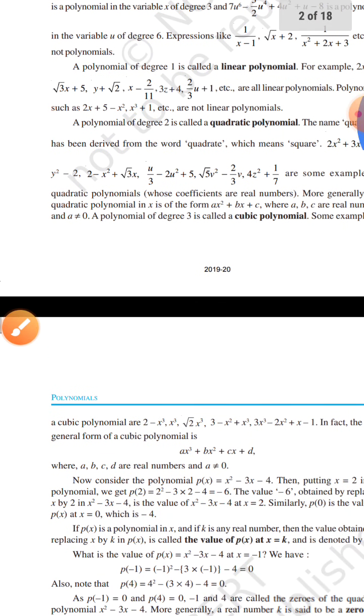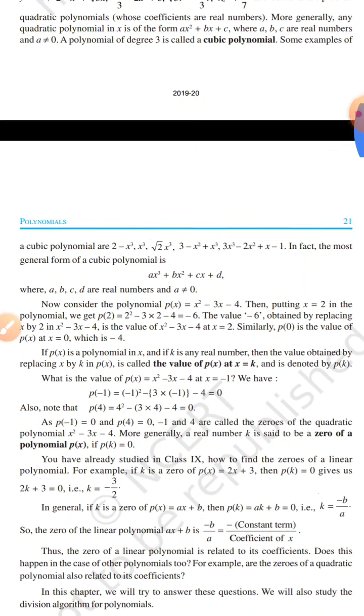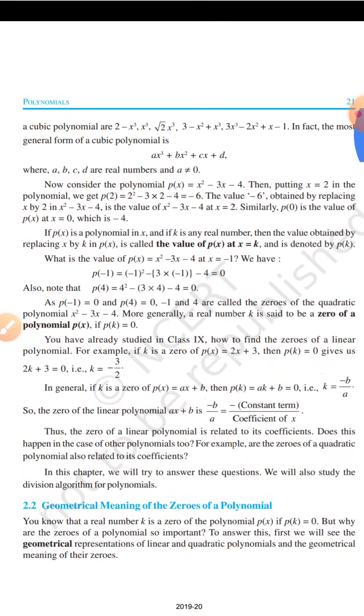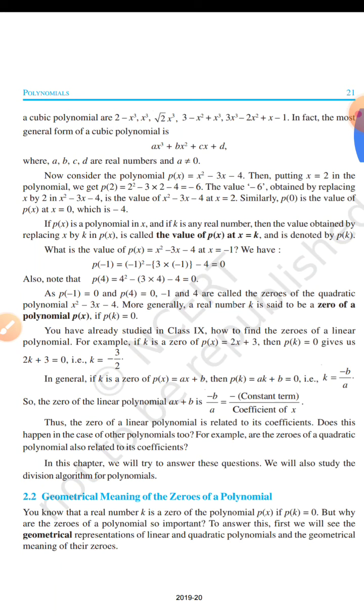If you see, there are some questions, examples given. So see, what are the zeros of the polynomial? Zeros of the polynomial is nothing but the value of the variable involved in the polynomial which satisfies the particular polynomial.